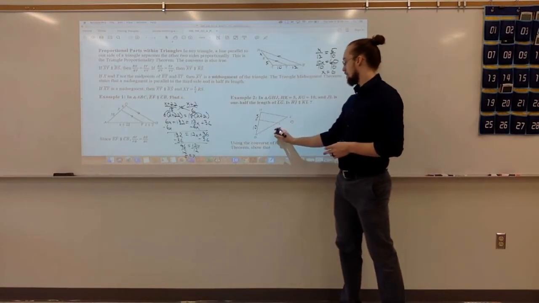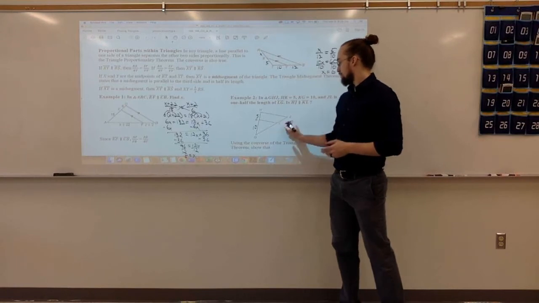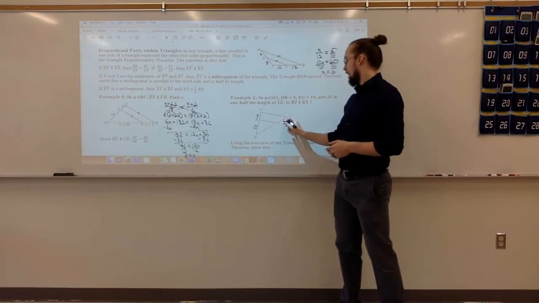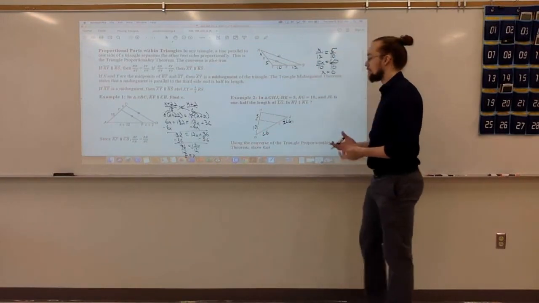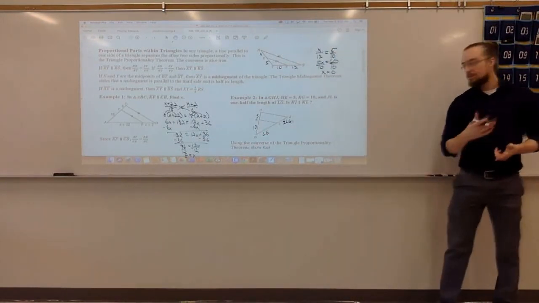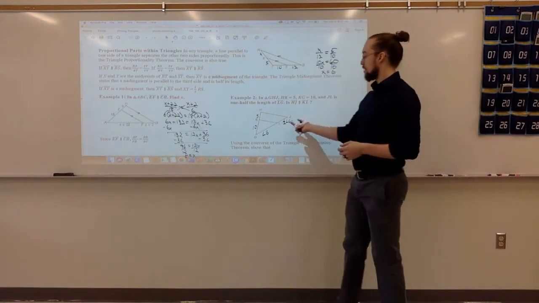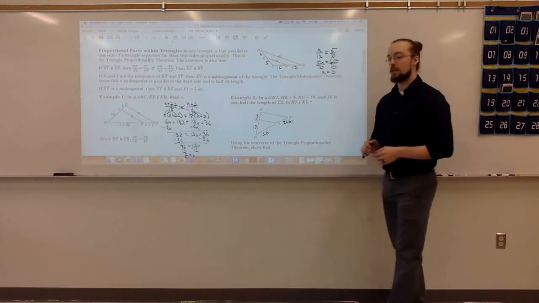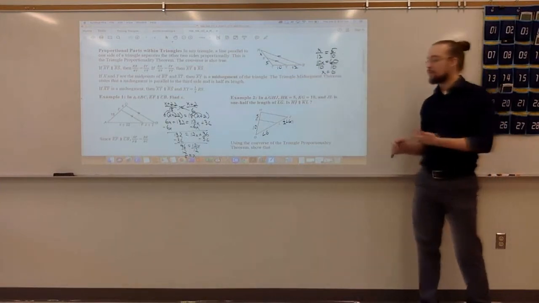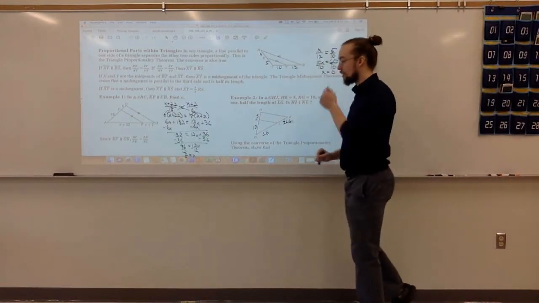So I can say that JL is 1/2 LG. This is the length of LG. Or we could go the other direction and say that this is 2 times JL. This is JL. And we're just told that one piece is 1/2 of the other.